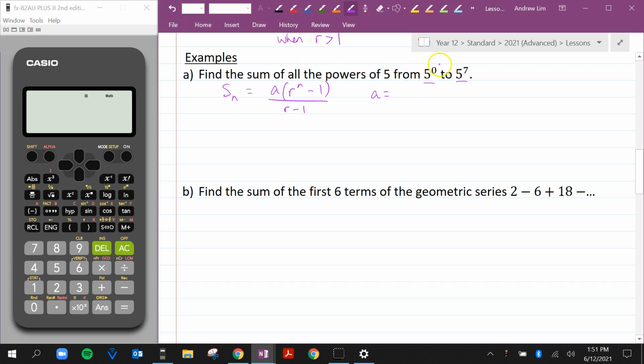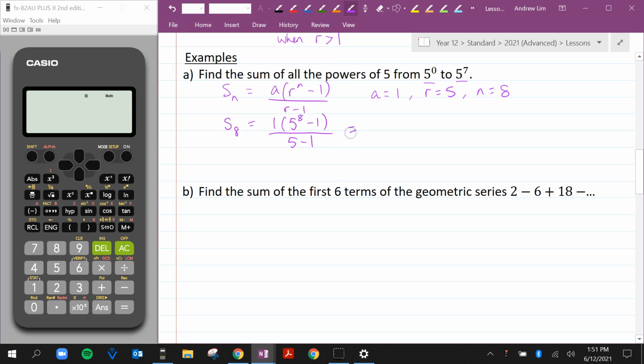A is the first term, which is 5 to the power 0, which is 1. R is equal to 5. And n, how many terms are there? From 0 to 7, there are 8 terms. So the sum of the first 8 terms is 1 bracket 5 to the power of 8 minus 1 over 5 minus 1.